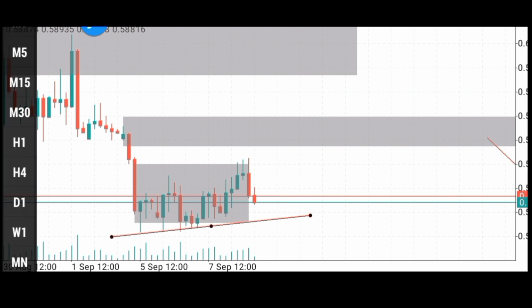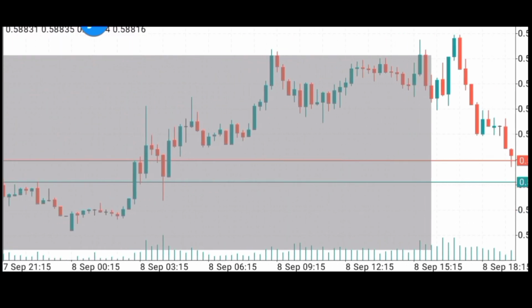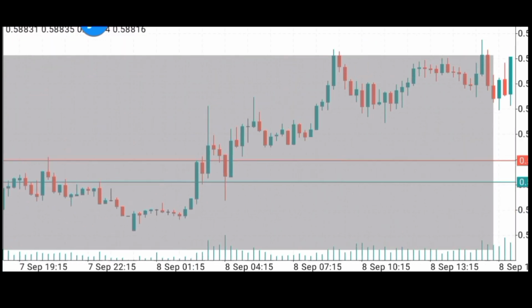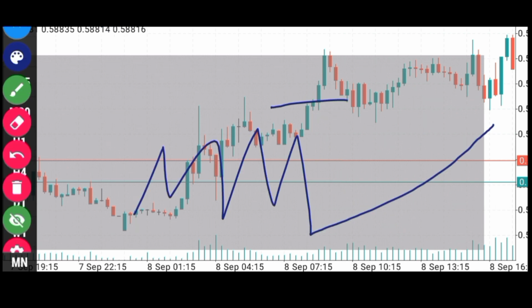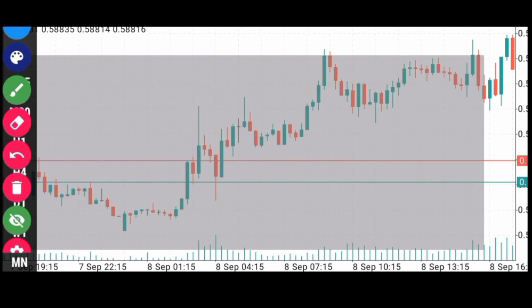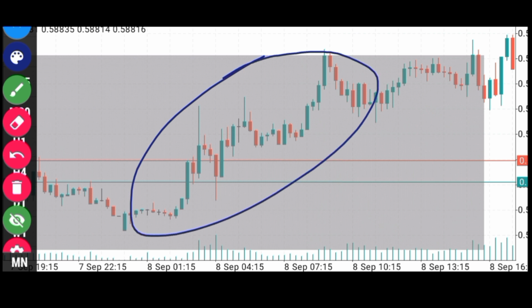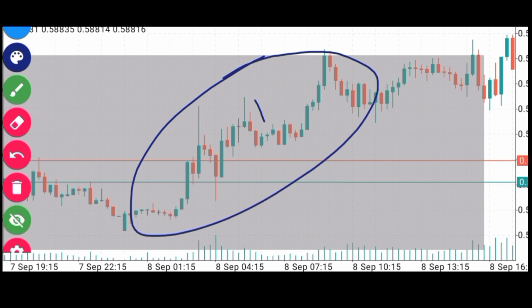Now, even if we go to the 15 minutes time frame, look at this 15 minutes time frame, and of course we're seeing an uptrend here, right? Look here, this is an uptrend. Now if we pick out a zone here, let's say we pick out this region, and we go to view it in, let's say, 5 minutes time frame.